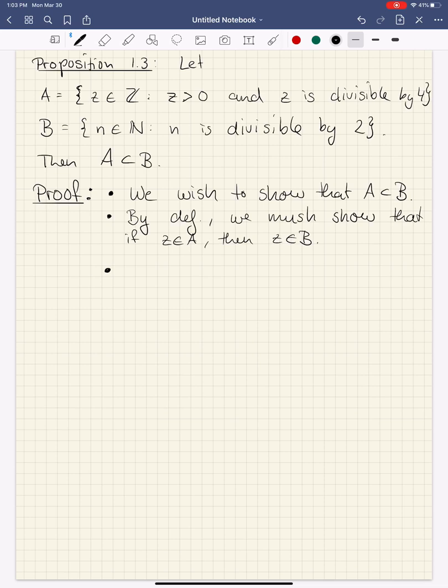And this again is just copying. So suppose that z is in A.